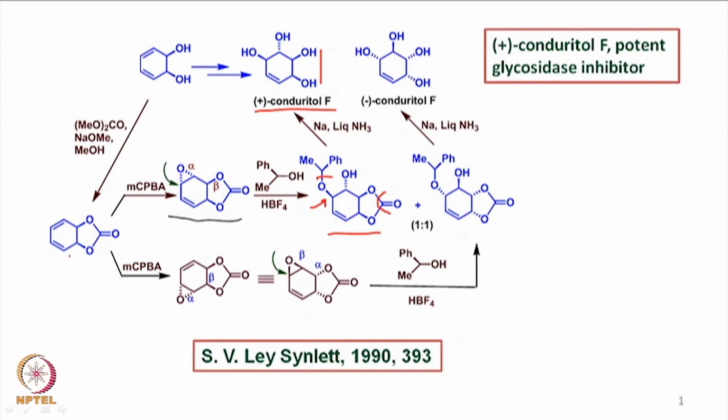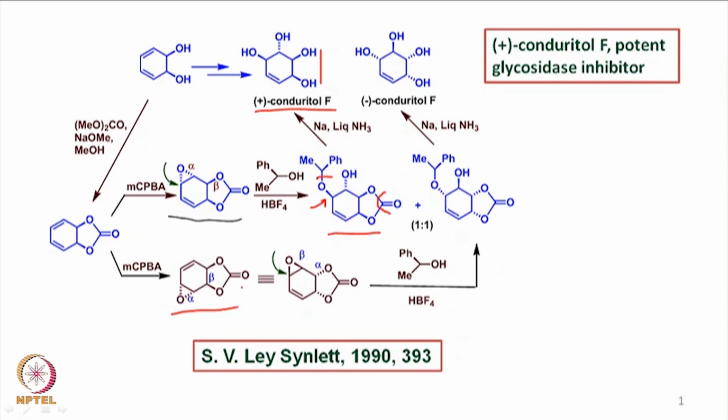Now if we allow the epoxidation to take place on the lower double bond, then we would expect to get this particular type of vinyl epoxide. Now since this carbon-oxygen bond is beta oriented, the stereochemistry of the epoxide is now alpha oriented.